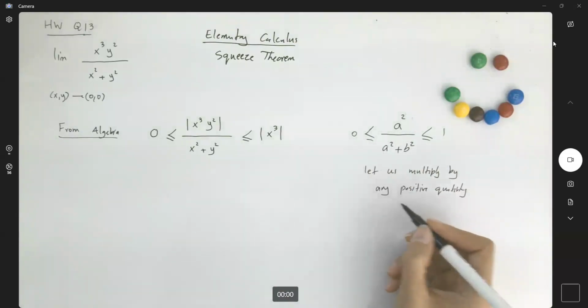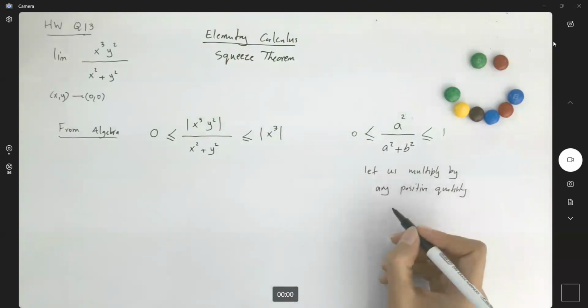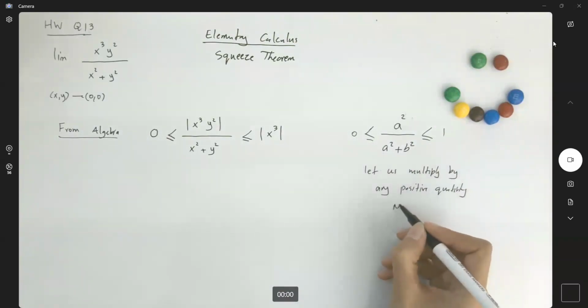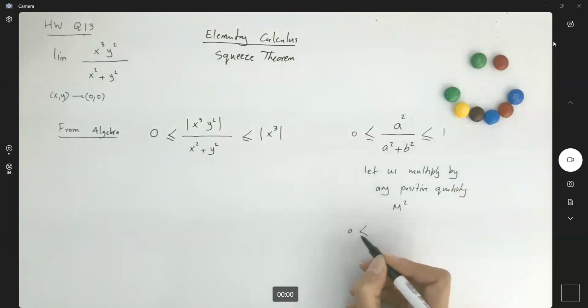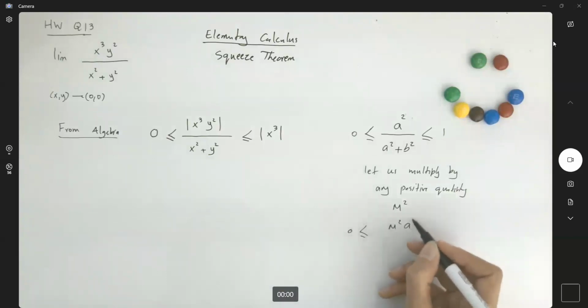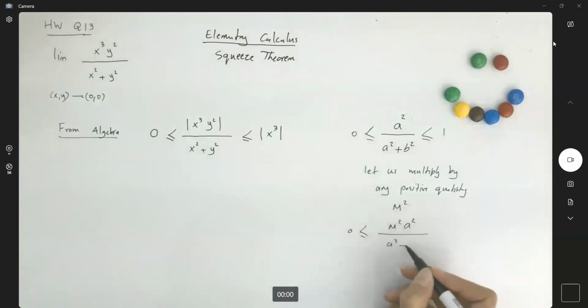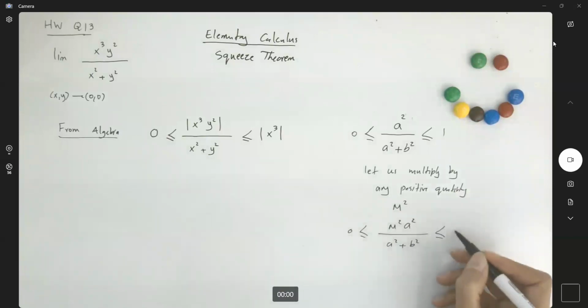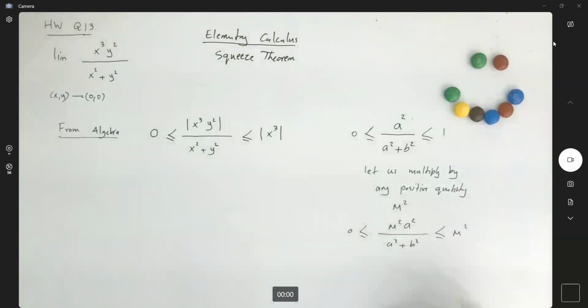For example, if you multiply this by m squared, 0 is less than or equal to m squared a squared divided by a squared plus b squared, and it's always less than or equal to m squared. Well, you could use the absolute value to make sure it's positive.